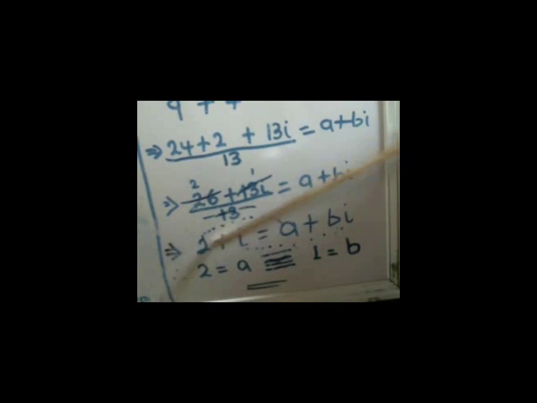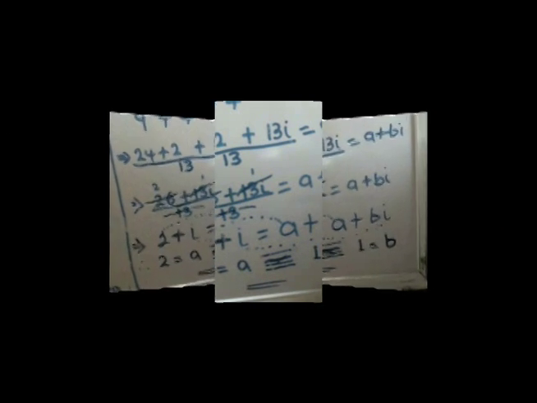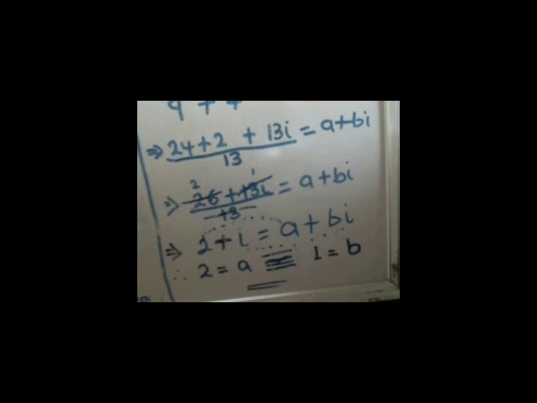And this expression i, because this has i, will represent this. So if i is equal to bi, therefore b is equal to 1. Therefore, the value of a is 2.